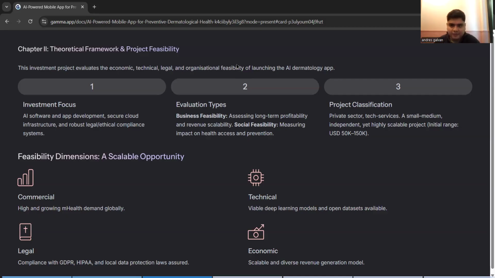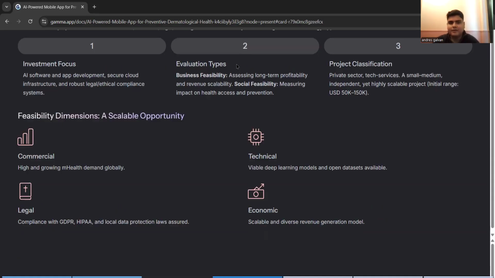Because when you're making digital solutions, you're not only making computer science. The computer science also uses devices, and that is what makes it really sustainable. So I would like to move to the next part, which is about our market study.